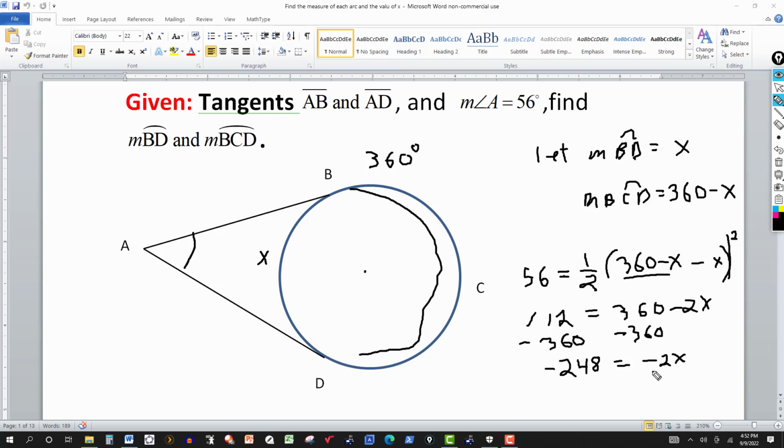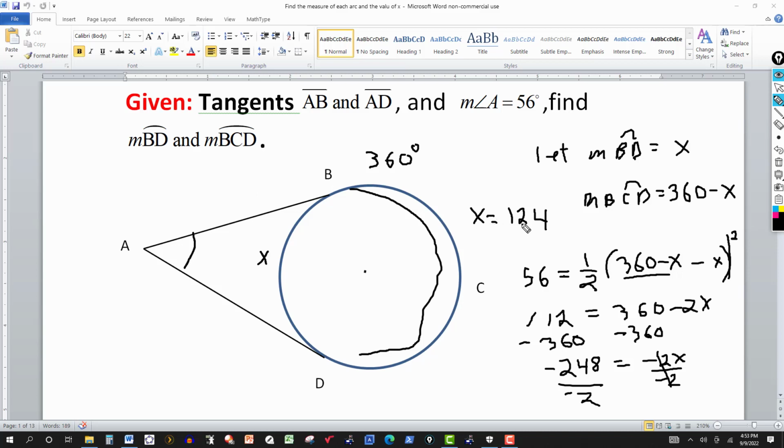Divide through by minus 2, and these will cancel here, and minus 248 divided by minus 2 gives me X is equal to 124.